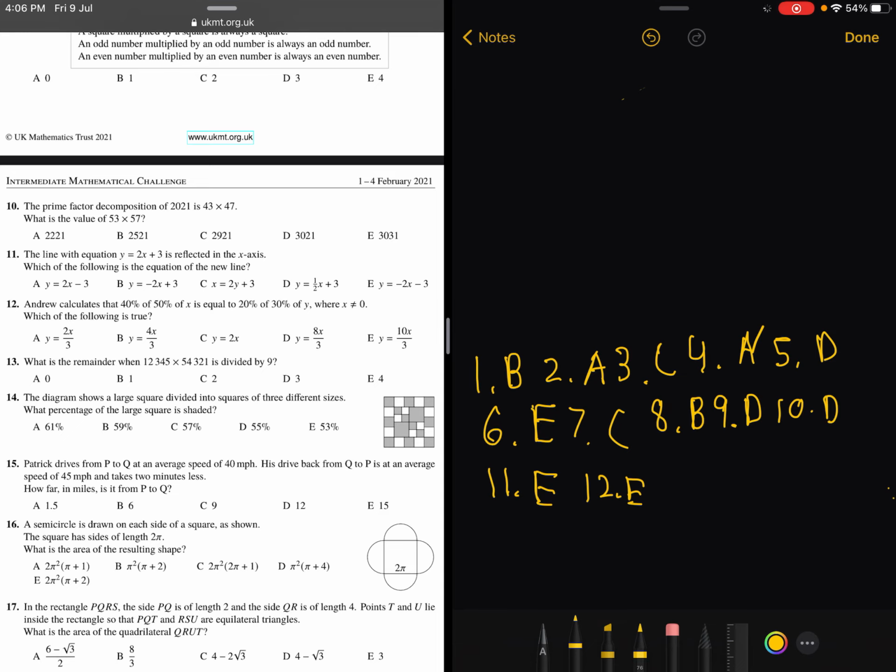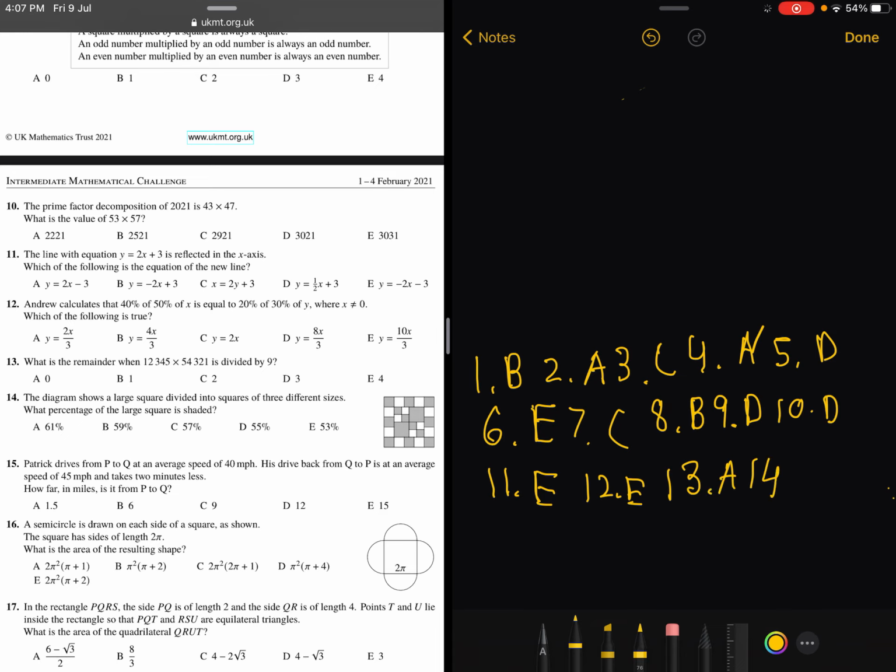So it has a factor of 3. And similarly, 5, 4, 3, 2, 1 also has a factor of 3. If you have two factors of 3, then you have a factor of 9. So this will have a factor of 9, so the remainder will be 0, so 13 would be A.